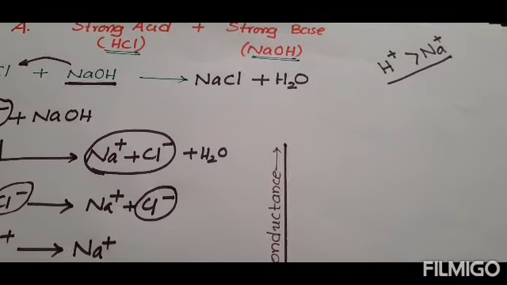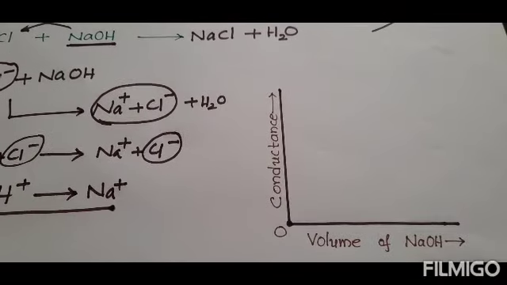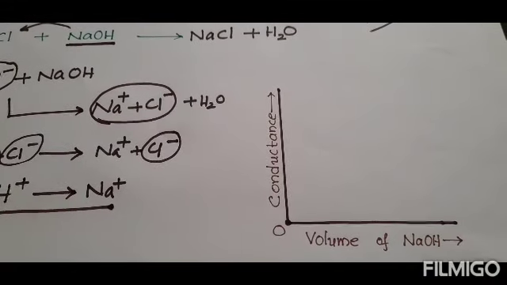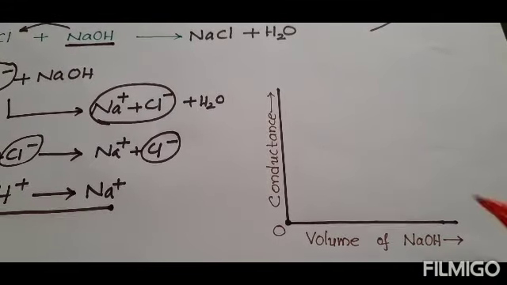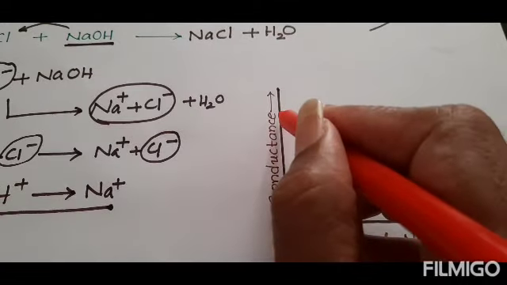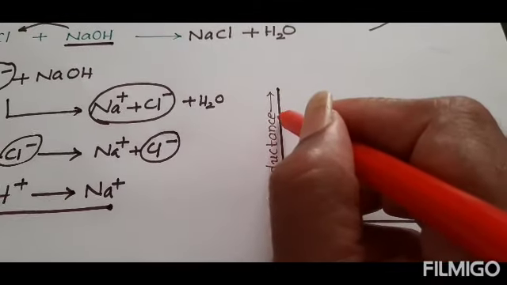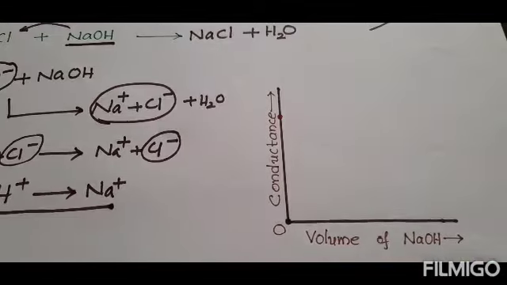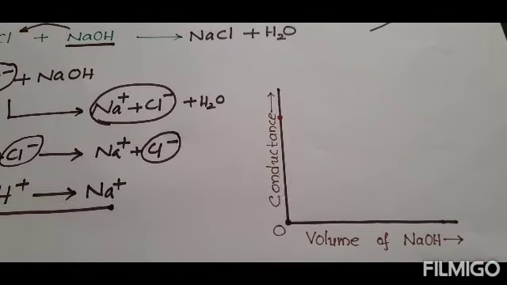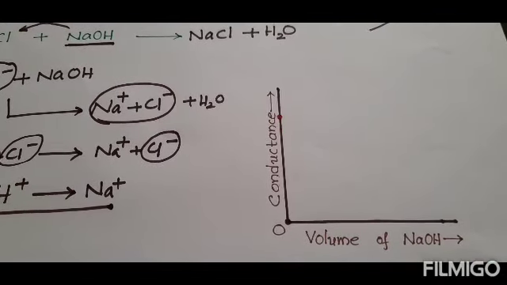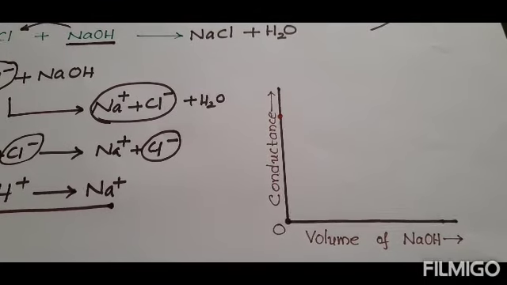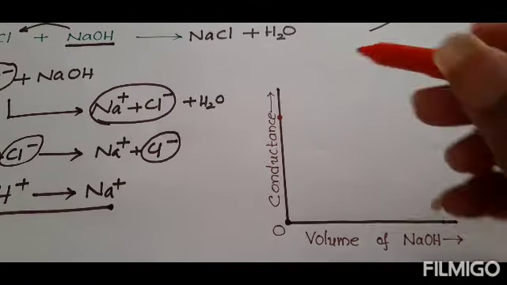Suppose HCl is a stronger acid. It has high conductance. Suppose this is the conductance of the HCl. That point represents the conductance of the HCl. If NaOH is added continuously, all the H plus ions are replaced by Na plus.